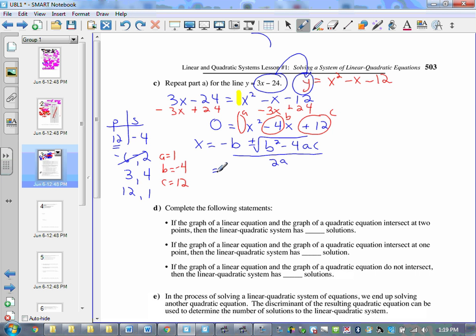So negative times -4 is +4, plus or minus the square root of -4 squared minus 4 times 1 times 12, all over 2 times 1.